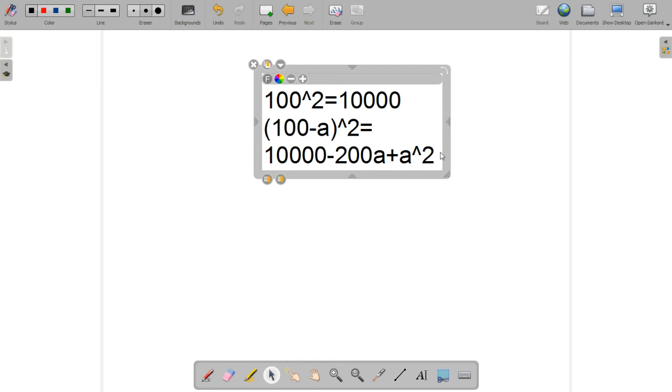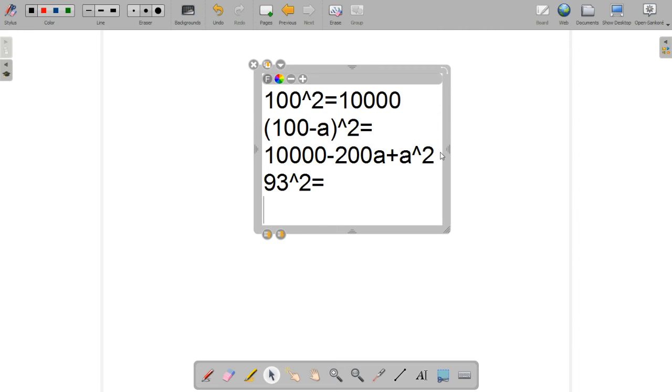So now let's use this. Let's say we have 93 squared. Well, you will have to subtract 14 from 100. Or just this number, the difference from 100 to 93 times 2, which is still 14.